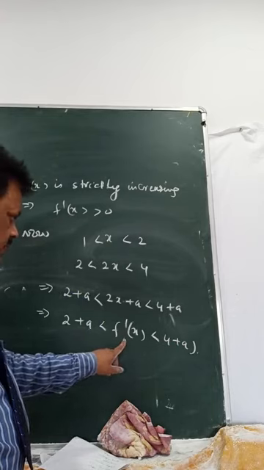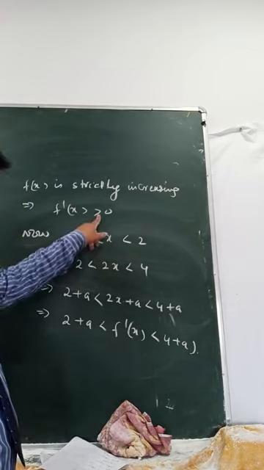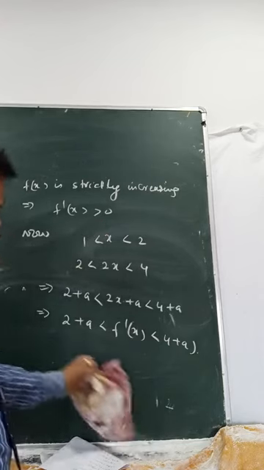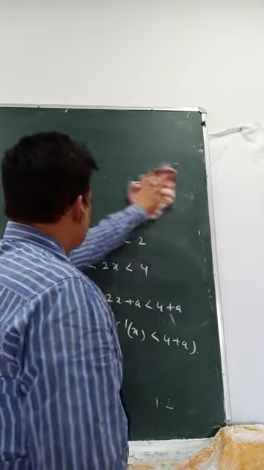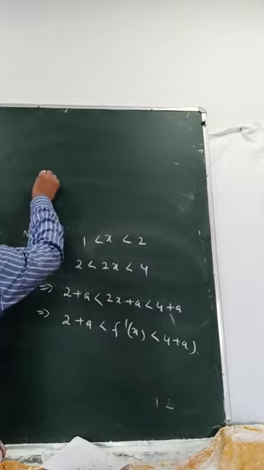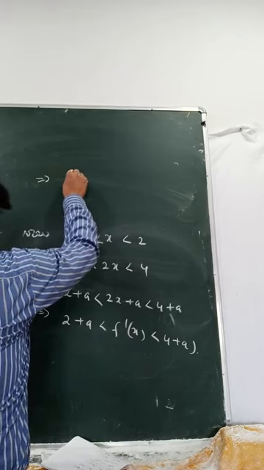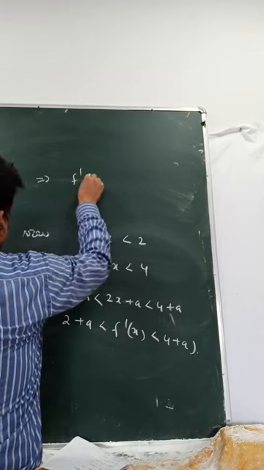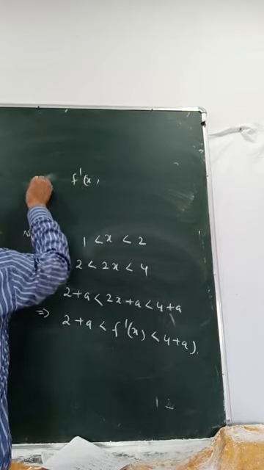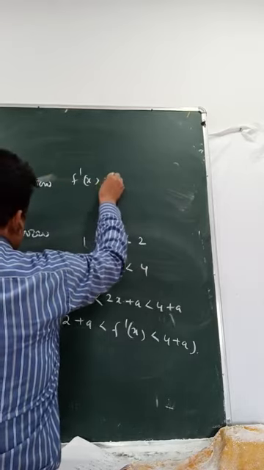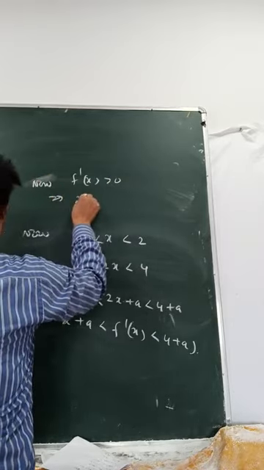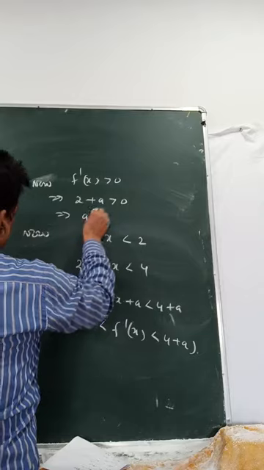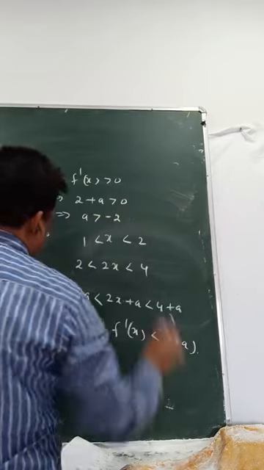Okay, now f dash x is greater than 0. This is also greater than this term. That means f dash x greater than 0 implies 2 plus a is also greater than 0, implies a is greater than -2.